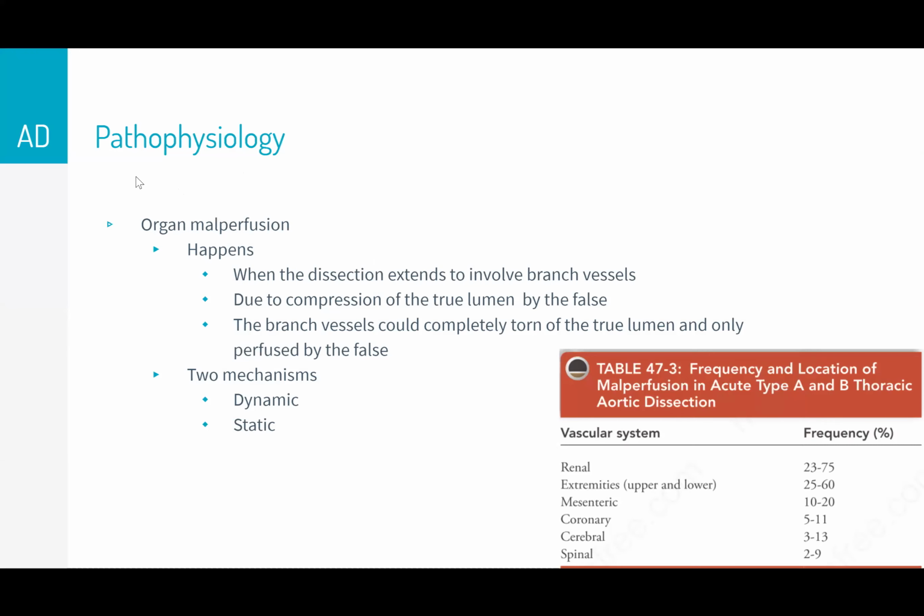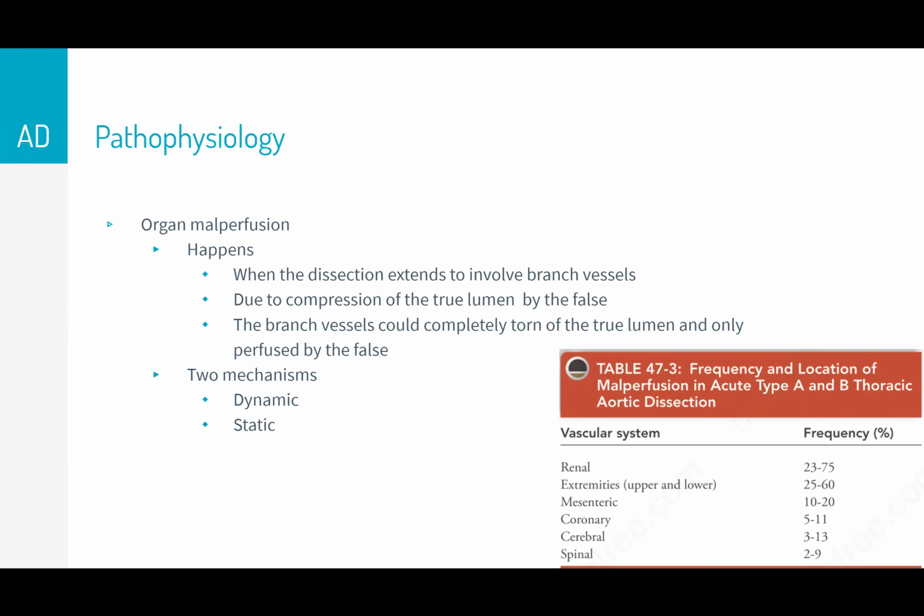So part of the pathophysiology is organ malperfusion. It happens when the dissection extends to involve branch vessels. It also happens due to compression of the true lumen by the false lumen. So when the true lumen becomes smaller, less blood goes into the distal branches.